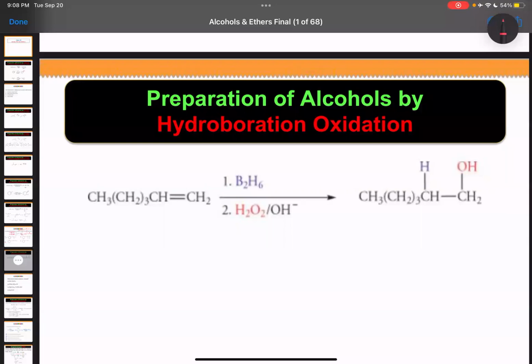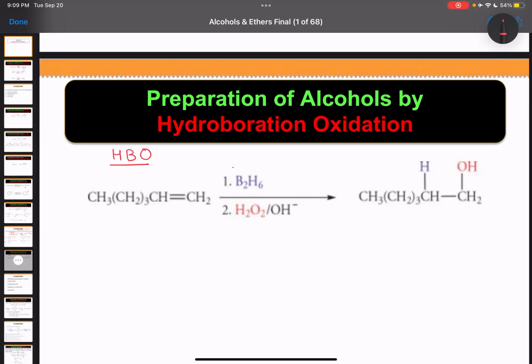And what are the reagents you take in hydroboration? I call it HBO, from the name of the movie channel, just to make you remember: HBO, hydroboration oxidation.